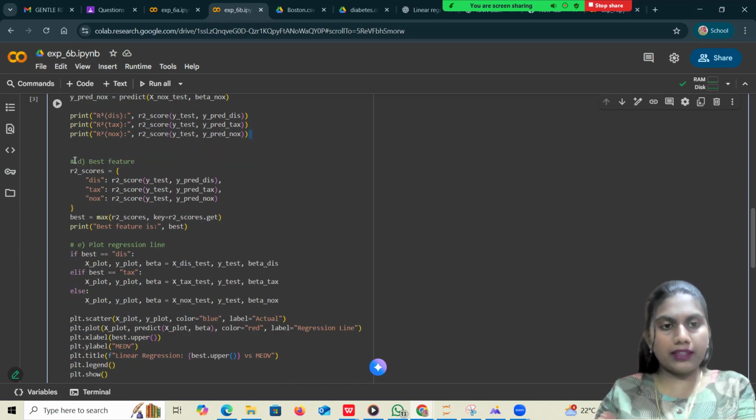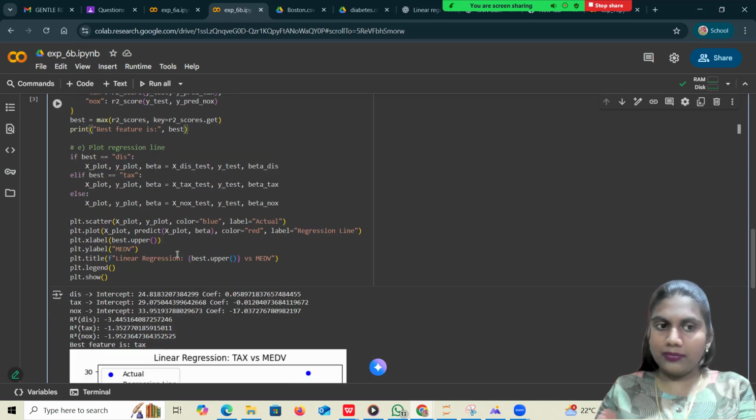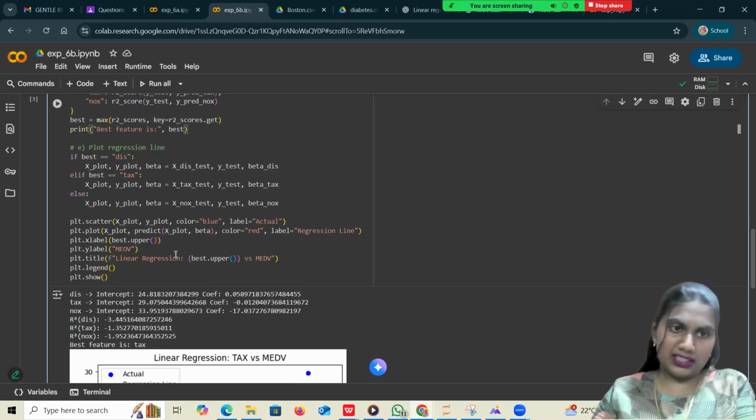Then we are going to find the best feature. The R square scores are stored, and for the best we find the max value among these. So then the best feature is going to be that. The last question is to plot the regression line.